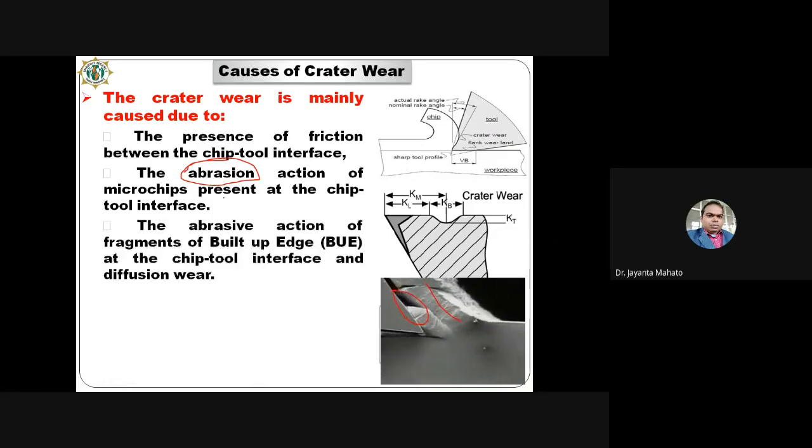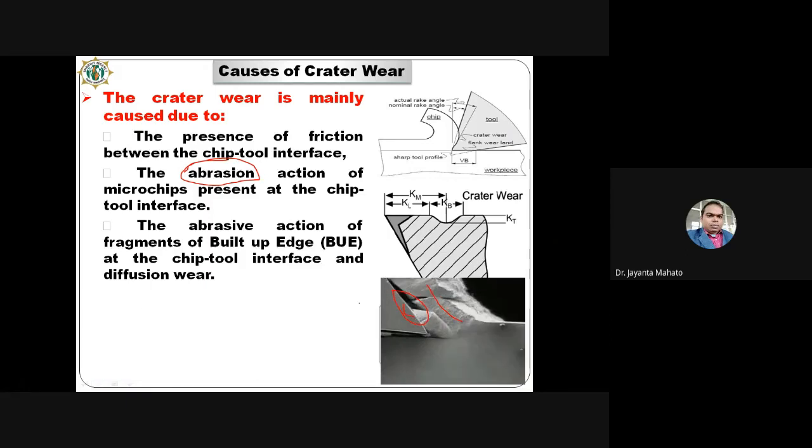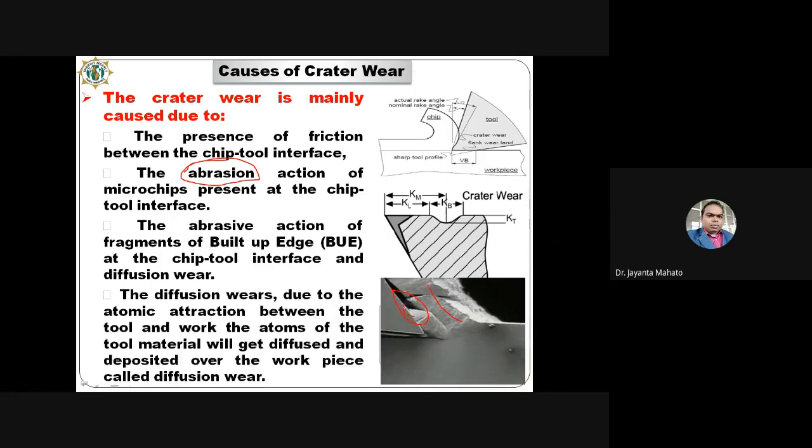Next, this abrasive action of the fragments of built-up edge, as I have told. In this case, built-up edge will form too. Suppose these chips sometimes get stuck here like this, and this built-up edge will be removed from the tool.